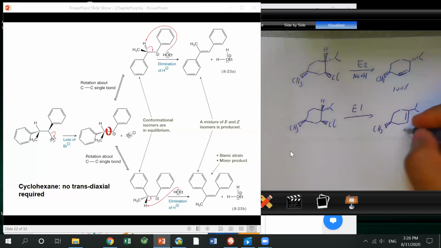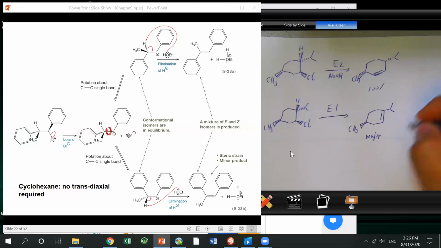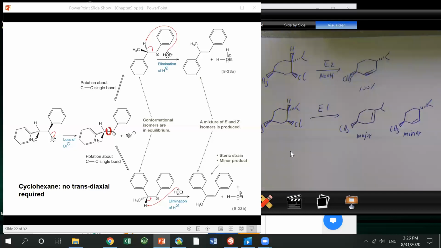And so that's the major product, and then there is maybe a minor one. Here's the minor, because this one is a less substituted alkene, while the major is the most substituted alkene, with three alkyl groups. So that actually follows the Zaitsev rule.